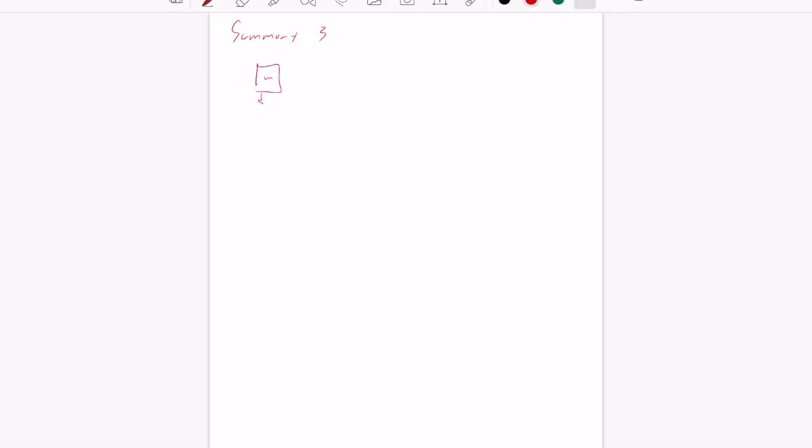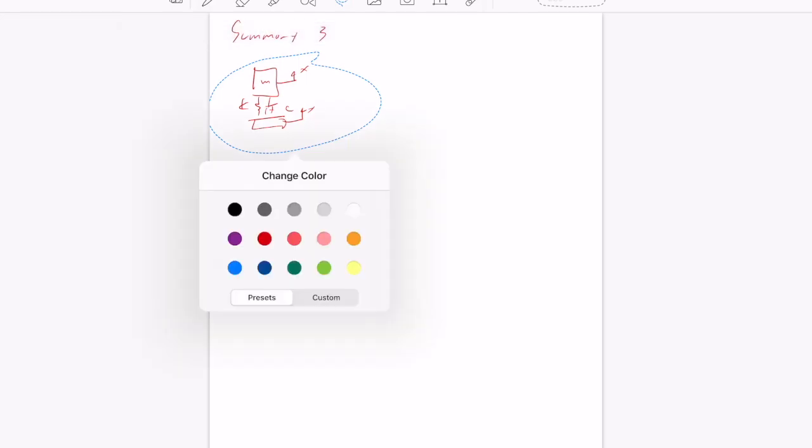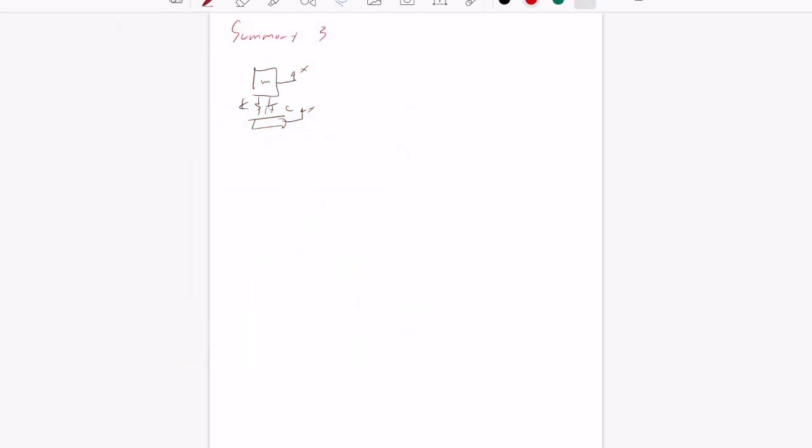This is our system: y, c, x. That's x, that's k. I wanted all this to be black. Come on. Color. Black.